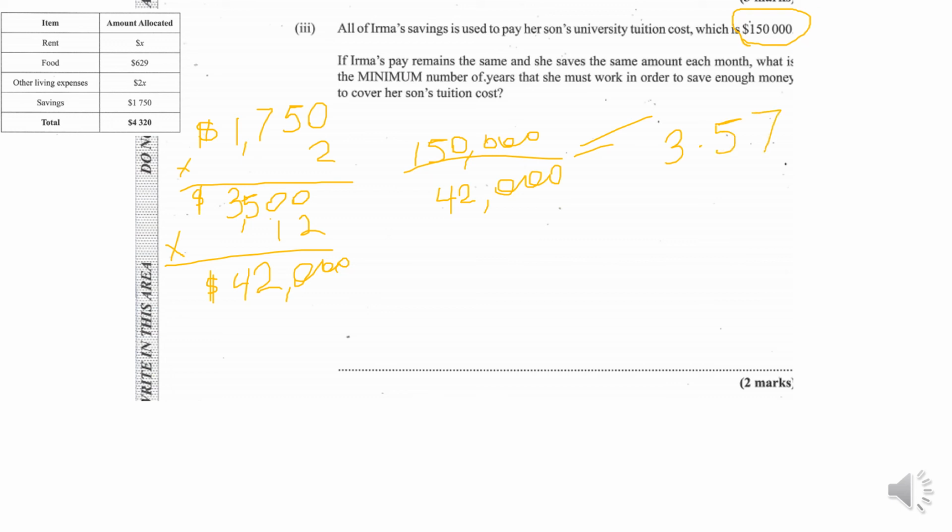So it's approximately 3 years, and if I round this off, let's say 6 months, some will say 7 months, so I'm going to round it off to approximately 4 years. That's what you state in your answer, the minimum number of years she must work in order to save money. So it's approximately 4 years, and this is our answer.